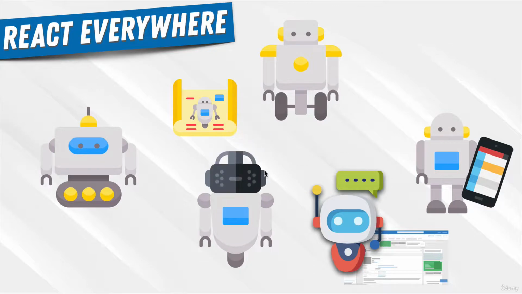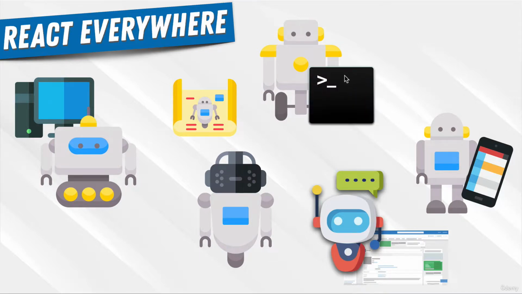You also have things like React 360, which is VR apps. And again, using this blueprint of React, I can use it for VR apps, and this little robot or library can focus on VR. We also have things like Electron and React Desktop that allow us to build desktop applications, and they interact with Windows, macOS and Linux operating systems. We even have things like React Blessed that work with the terminal and the command prompt.